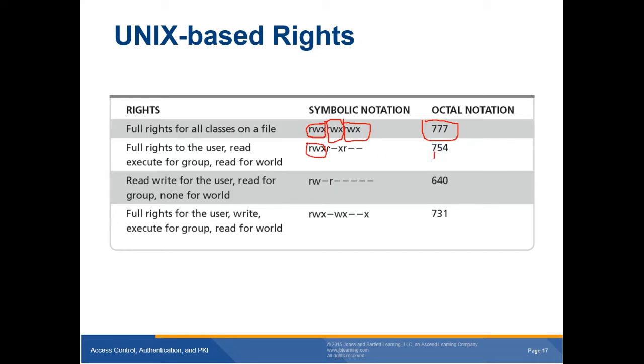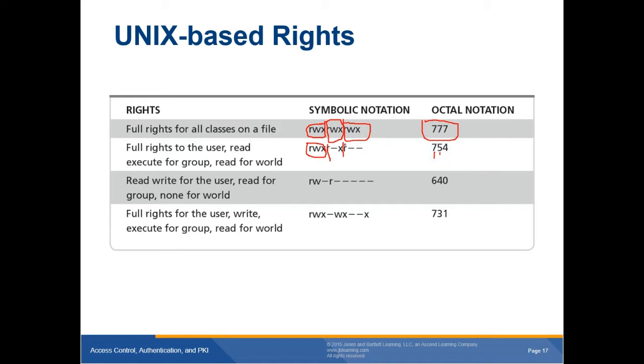This group, which is the group, so your co-workers, will have read and execute on a file or a program. So they can do some kind of maintenance, they can run a file from that directory. The user creates the file, the owner, and the group can read it and execute it. They can't modify it because there's nothing here. If you notice, this becomes a 5.